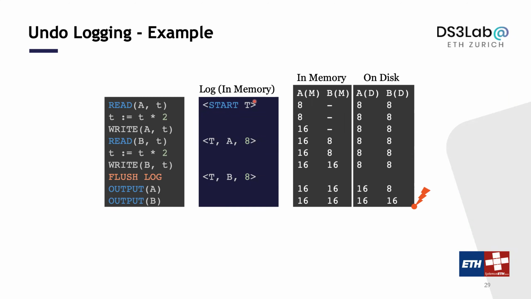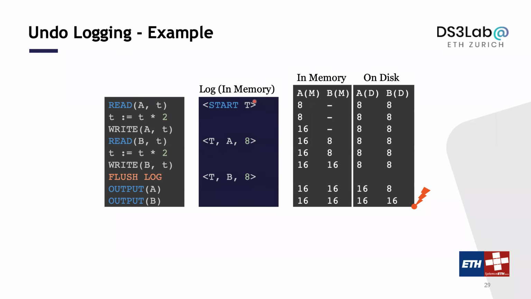And what if the system crashes here, right? If you magically know what the transaction did, here essentially the transaction is almost done, right? It has already reflected all the changes to the hard drive, but unfortunately the system crashes. And then when you reopen the system, what would you do?